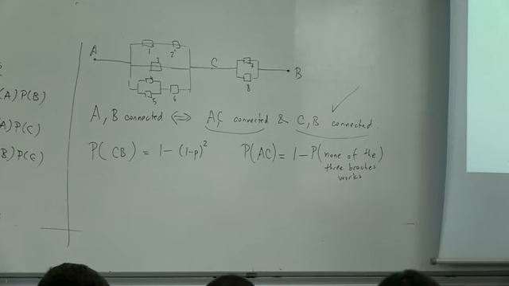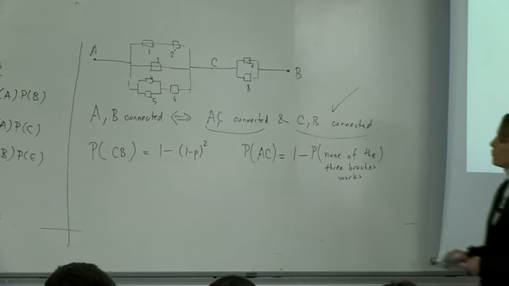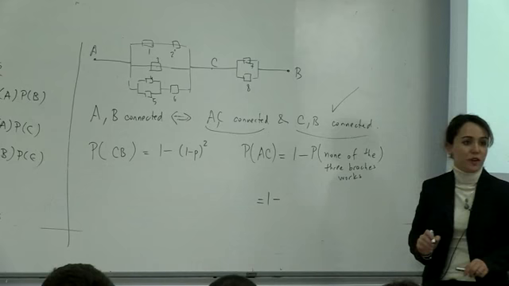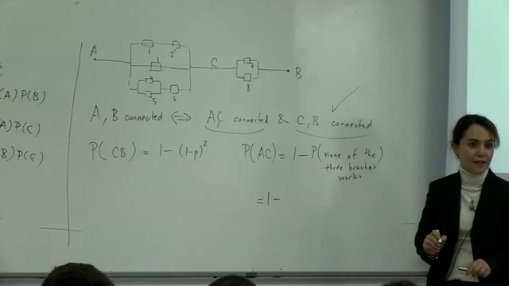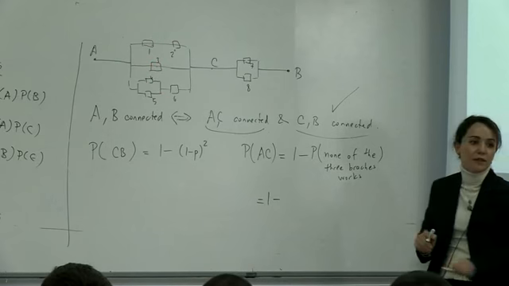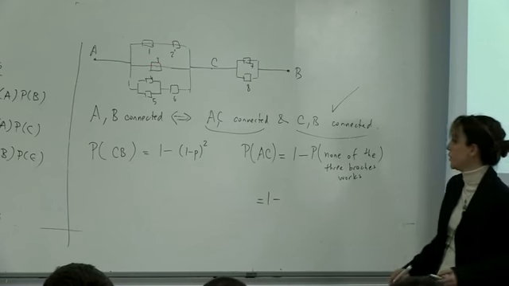The connection between A and C is off if and only if all these branches are off. Now, but the branches are independent, right? Yes, because the branches have independent elements. They don't depend on each other.